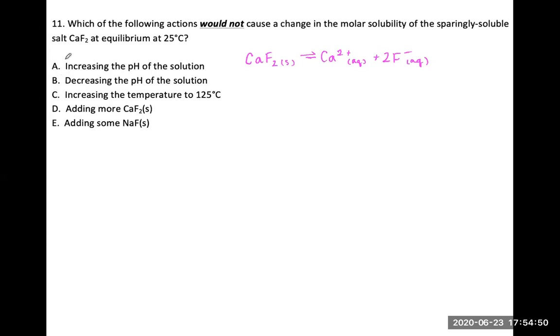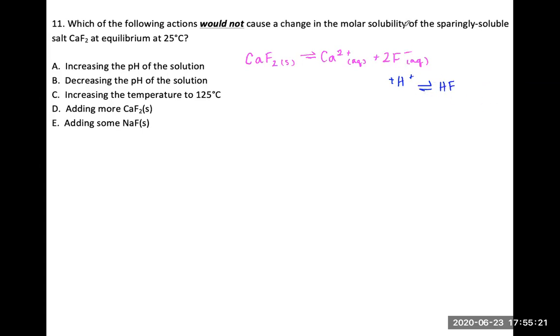So in these first two options, we're looking at changing the pH. And the reason that we think about changing the pH as changing the solubility is that if we think about fluoride, we know it's a weak base. So if we added H+ into our solution, we would have this separate equilibrium of it going to become HF.